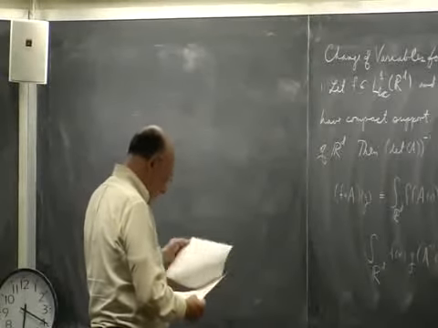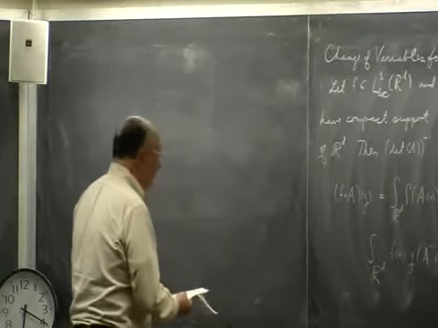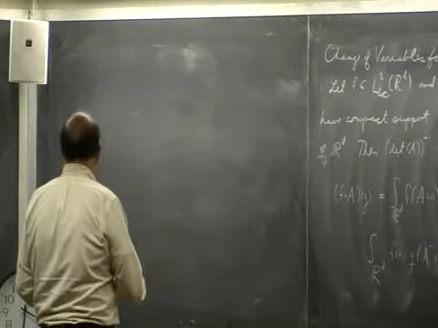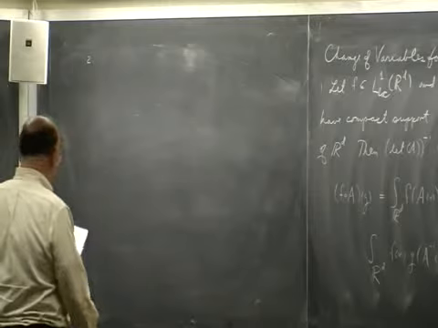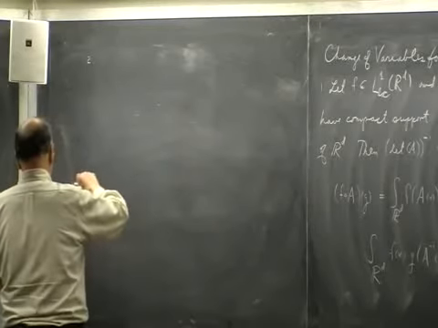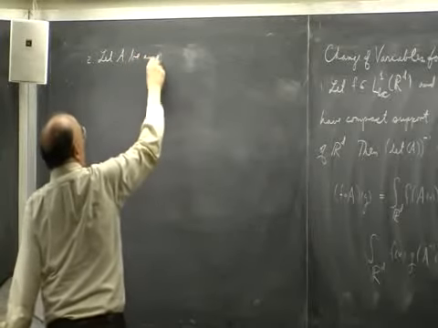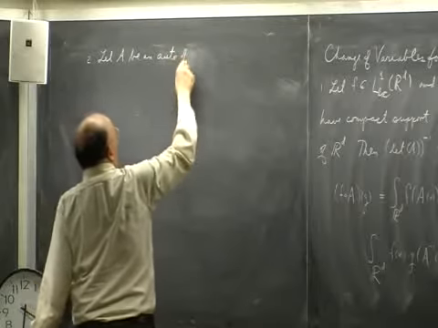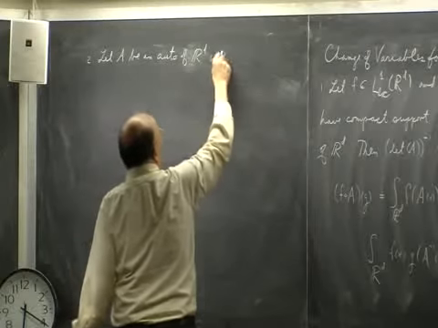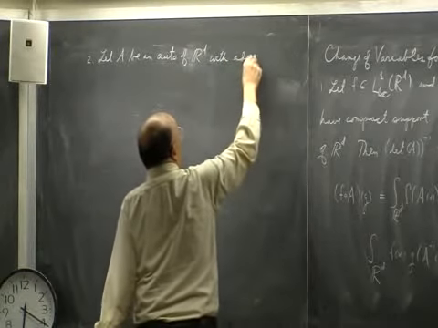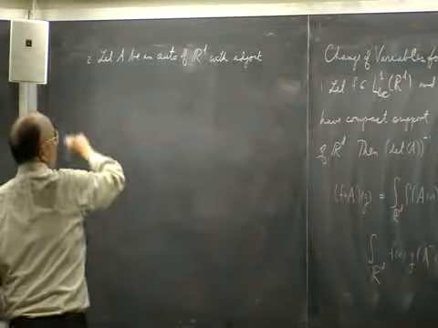So the next one I want to write down is we use the adjoint, 2. So let A be an automorphism of R^D with adjoint A star.